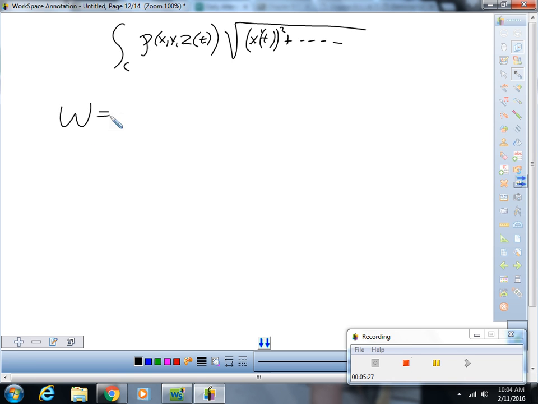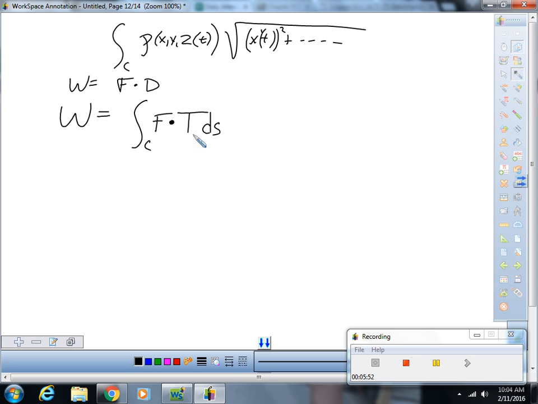So work, well, we know that work is force times distance. Okay. So we can use that same concept and just say that it's a force field, okay, times some unit tangent vector.